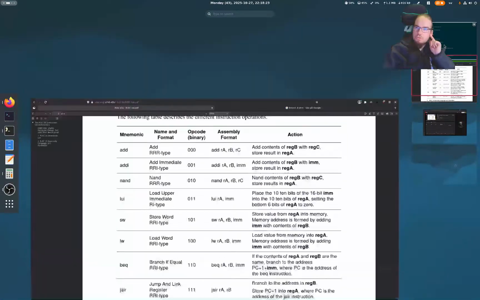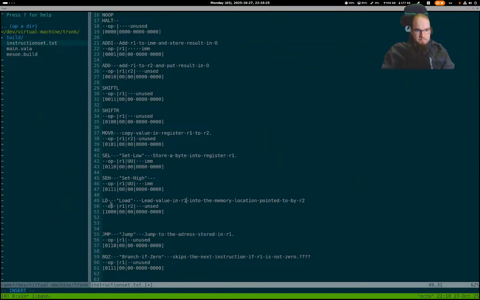Okay, it should not be LD. It should be store. STR, I guess. Store the value in R1 into the memory location pointed to by R2.